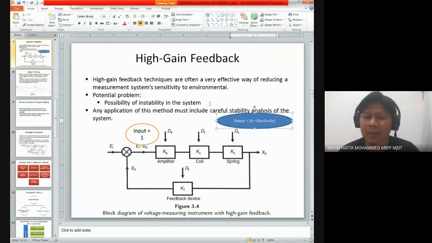So let's accept that for high gain feedback, a potential problem is that it will give our system instability potential. So carefully choose the value of the feedback gain that we have over here. By the way, I also teach control system design in your maybe fourth year.